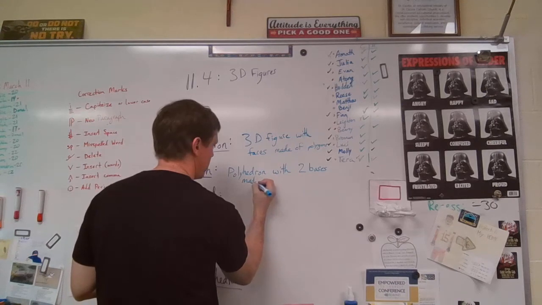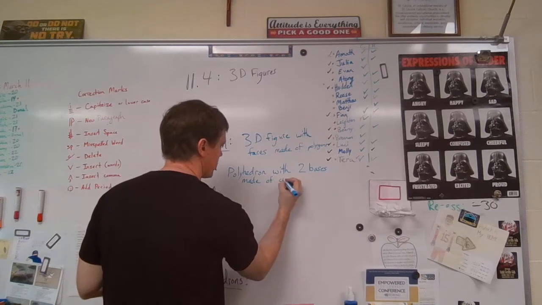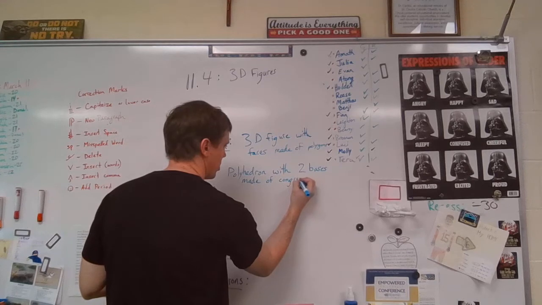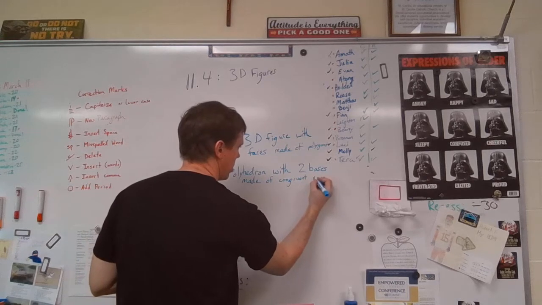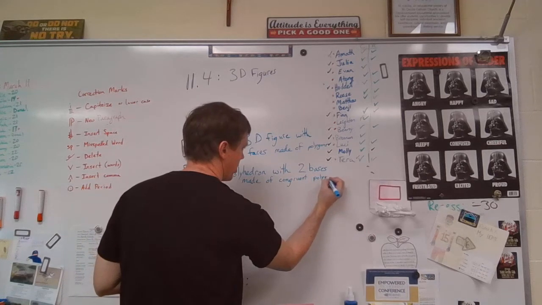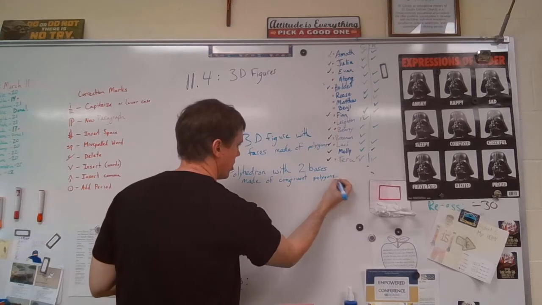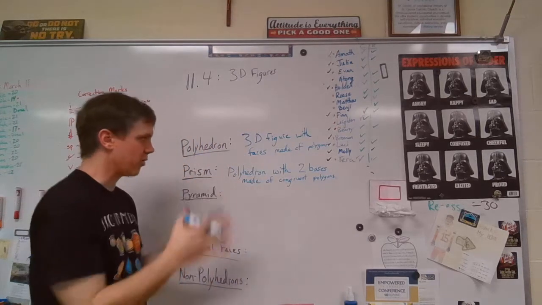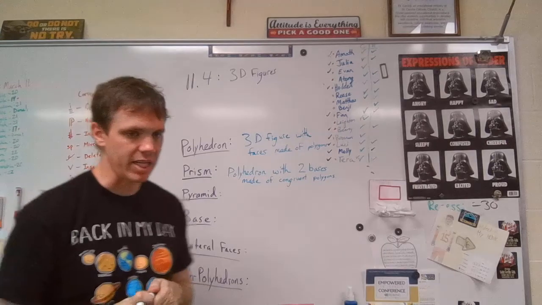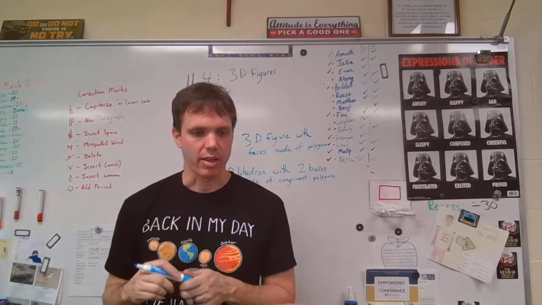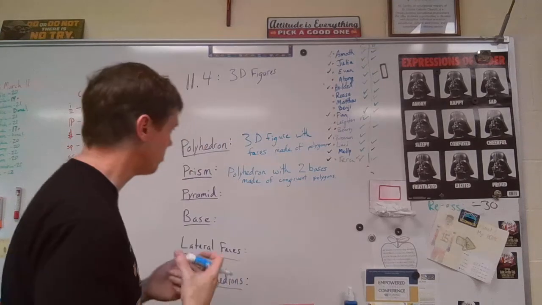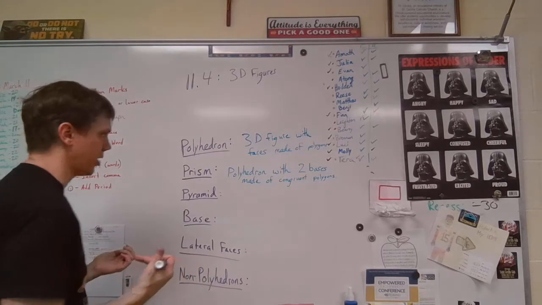Congruent means the same. And then it's got lateral faces that are connecting them. In the case of a prism, the lateral faces are going to, generally speaking, be rectangles.